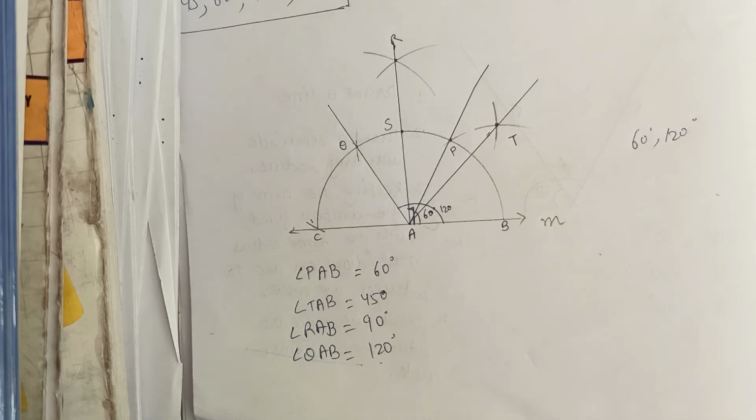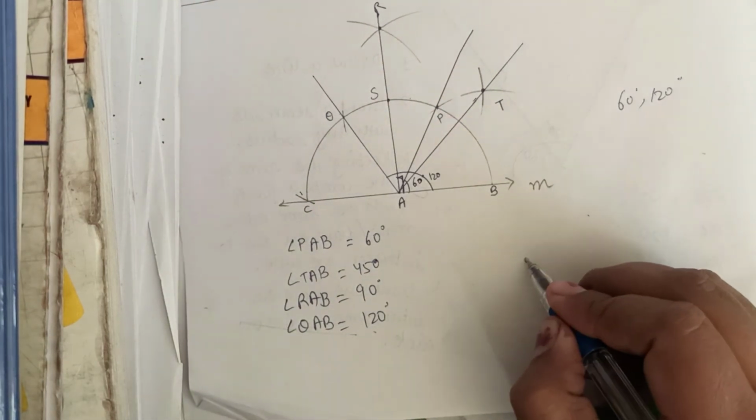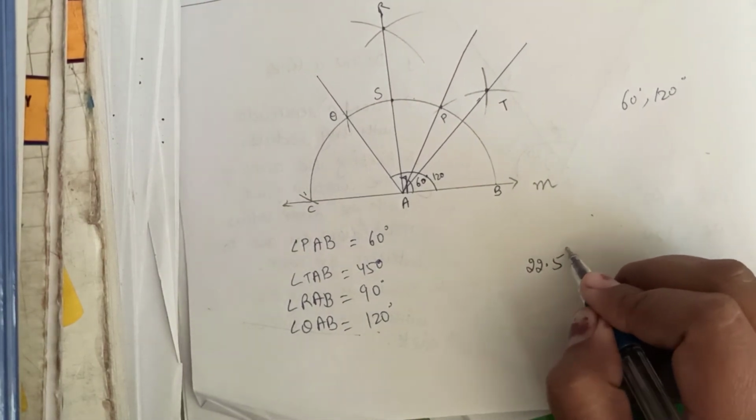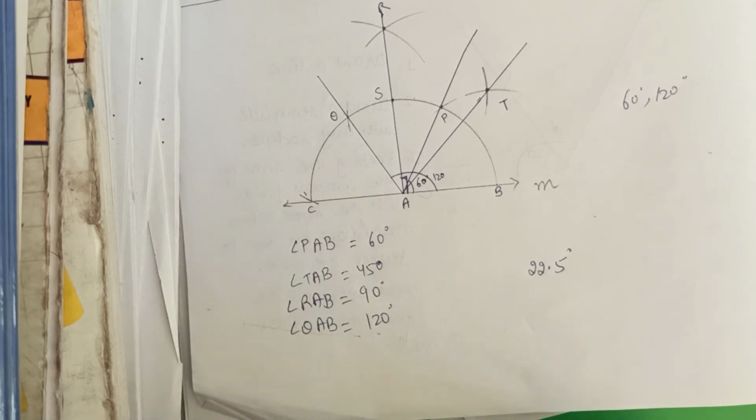Clear, bachi? Now see, if you have to draw any angle like an angle of 22.5 degree, how will you draw that?